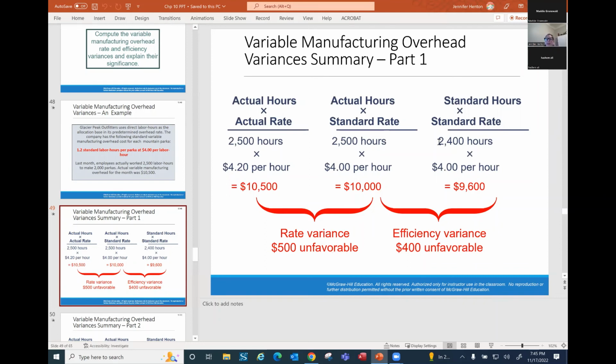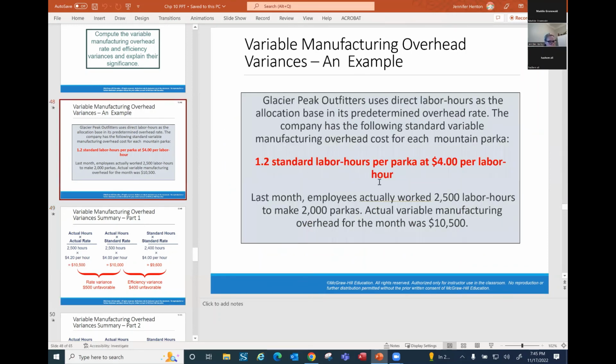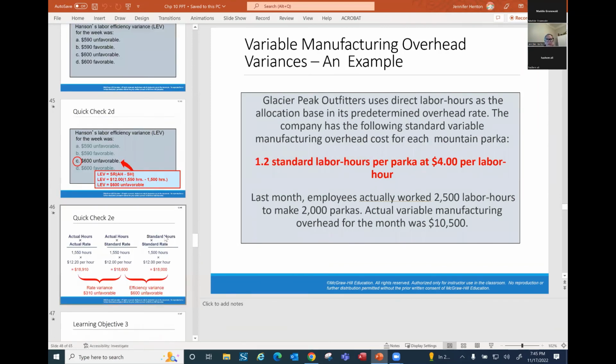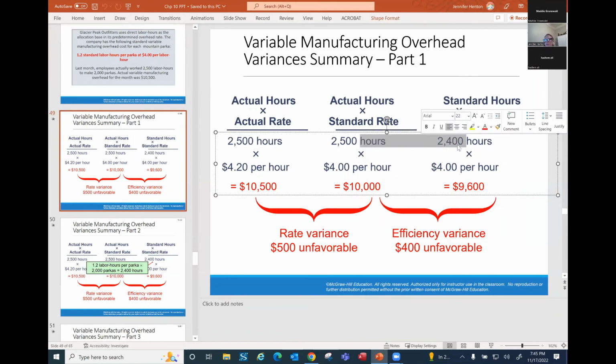Now we're going to look at the standard hours. Remember, it told us that we produced 2,000 parkas in this example, and that it was 1.2 labor hours each. So we multiply by the 1.2, and that's how we came up with the 2,400 hours.